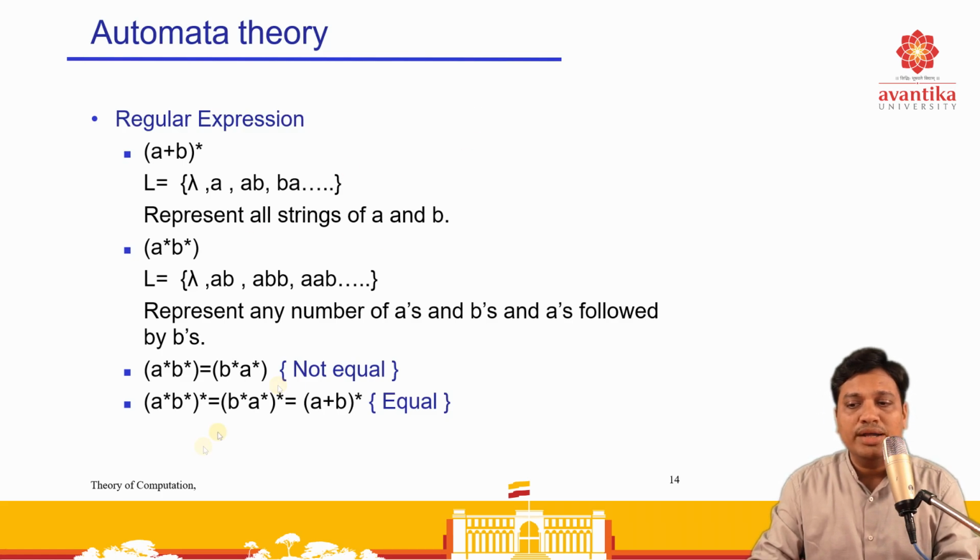So both are not equal in that particular case. The second expression is (A star B star) whole star equal to (B star A star) whole star. The difference from the previous example is that the whole star means it accepts the value lambda. So overall it concludes that both equal (A plus B) whole star, so both are equal.